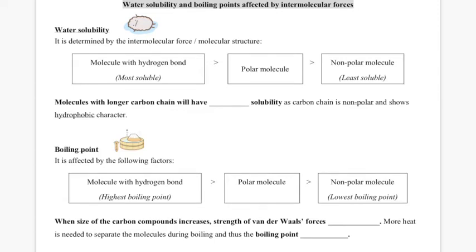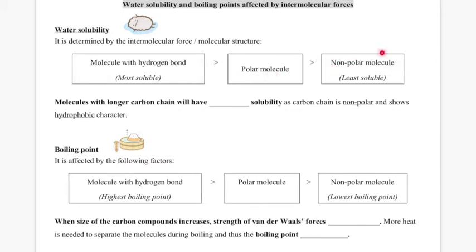There are some formats and some keywords you must remember in order to get the marks. So first, the water solubility. Of course, when the molecule can form hydrogen bond to water molecules, it's going to be highly soluble in water. And then the next one is for polar molecules.